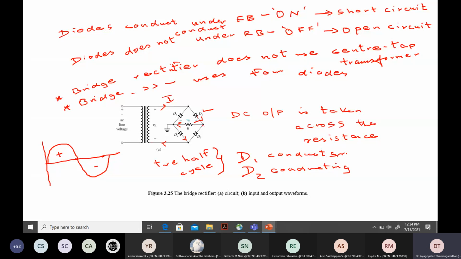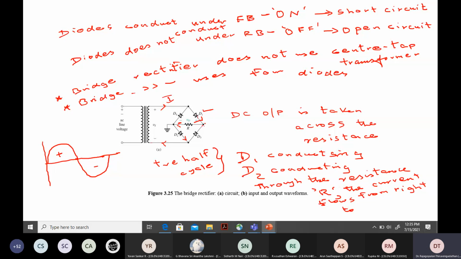So D1 is conducting, D2 is conducting, and through the resistance R the current flows from right to left.